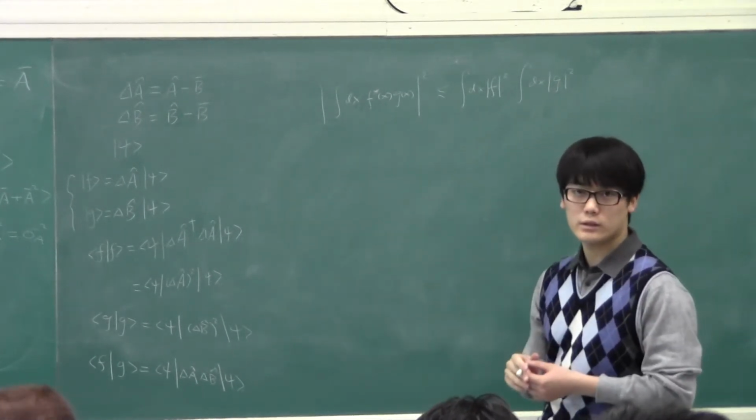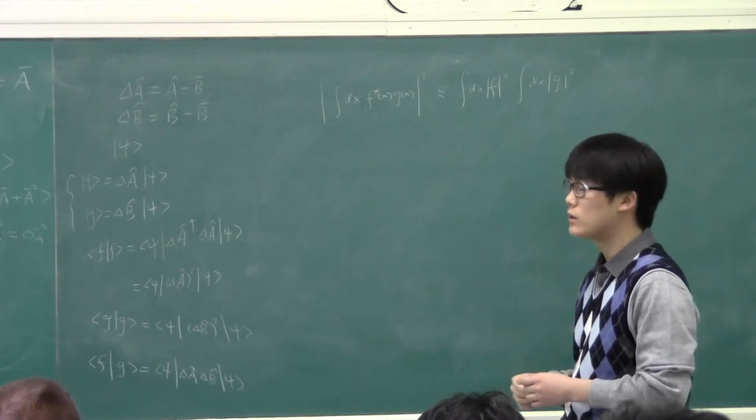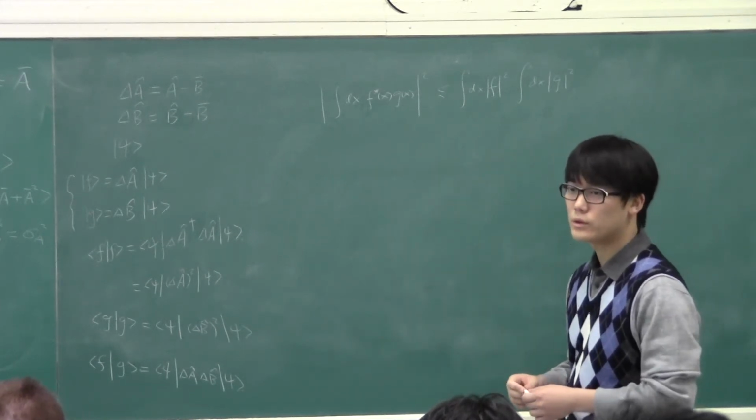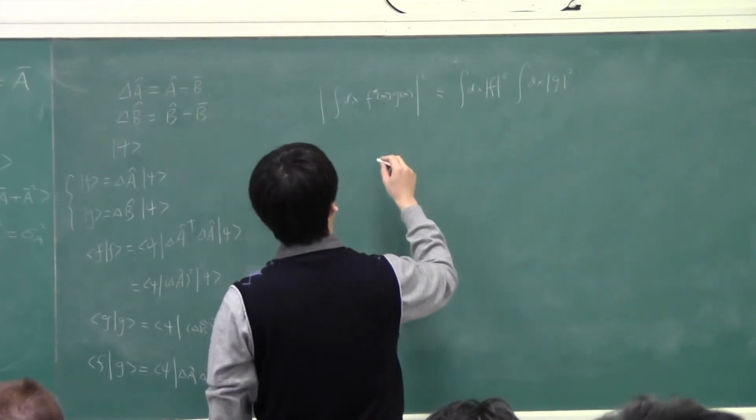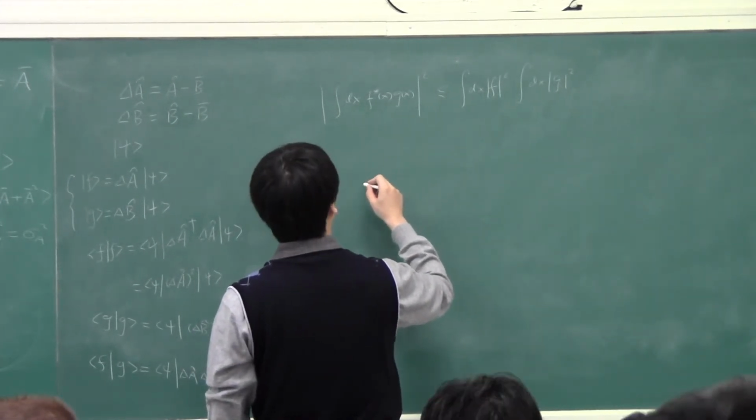Everybody is okay with this inequality? So this is a general property of vector spaces. So now, if I translate this to Dirac notation.